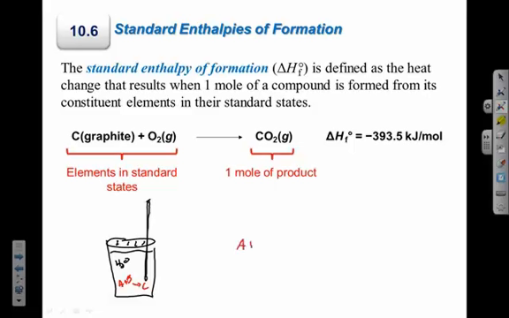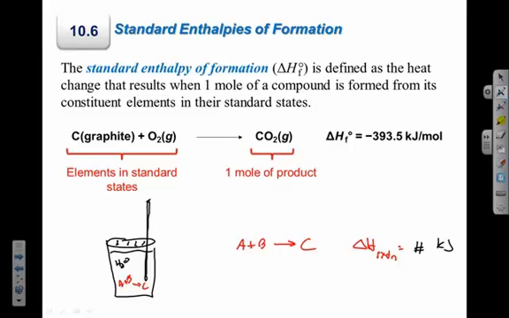So if I want to know, for a reaction, delta H, I recognize that the kilojoules, whatever number I get, is going to come from the kilojoules that was exchanged between the reaction and the surroundings.